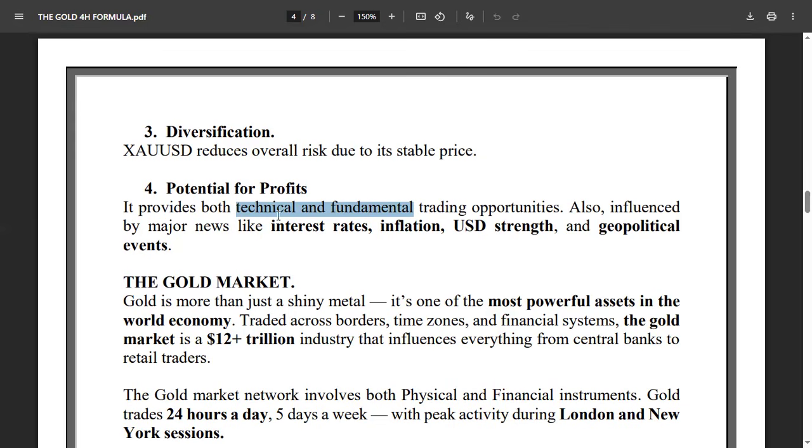So this is a good program to be in. In the fundamentals we have things like interest rate, inflation, USD strength, geopolitical events, and most of the economic data. We use them to trade gold.